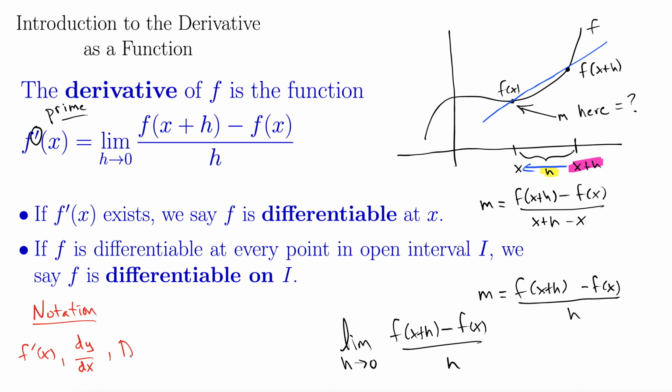Sometimes you see it as a big D sub x of f of x. That's not quite as common, certainly maybe in some other fields besides calculus. Maybe y prime, just y prime, because we're using f of x and y interchangeably here.